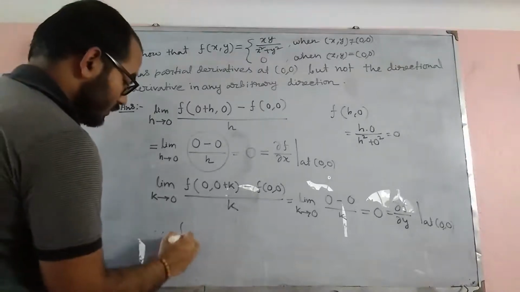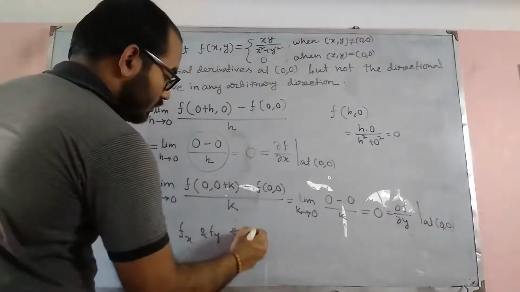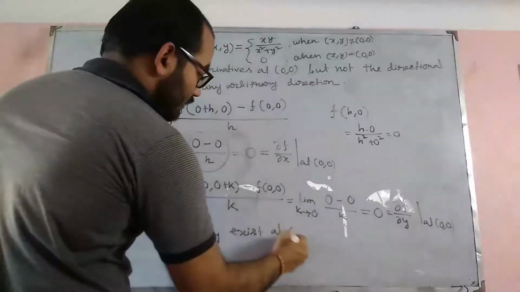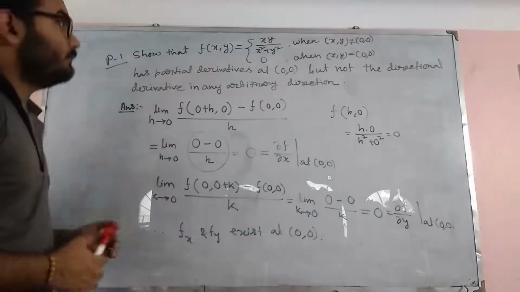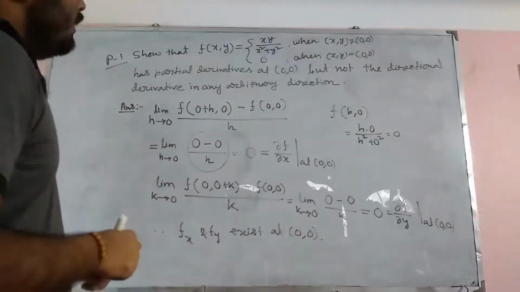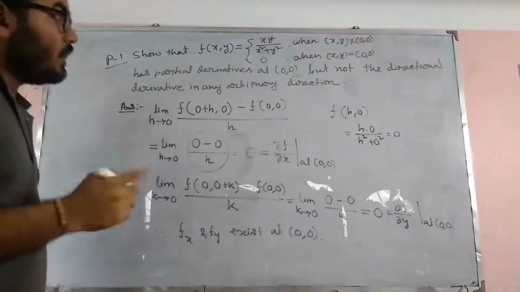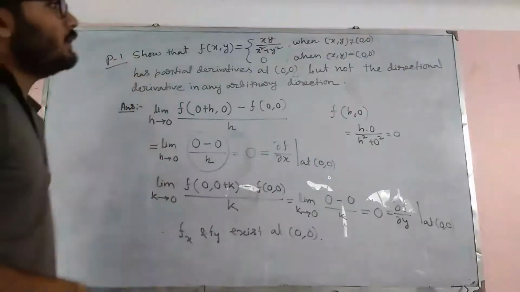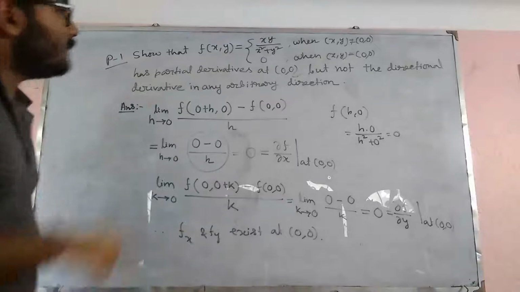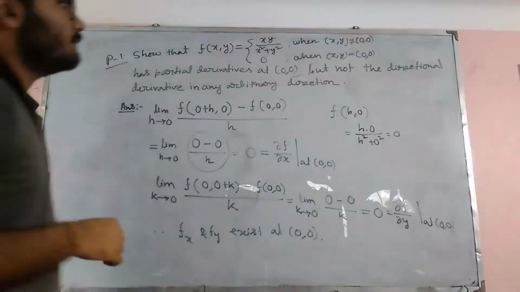So fx and fy exist at 0, 0. Okay. So we are done. But still we have to show that the directional derivative of this function at arbitrary direction does exist.